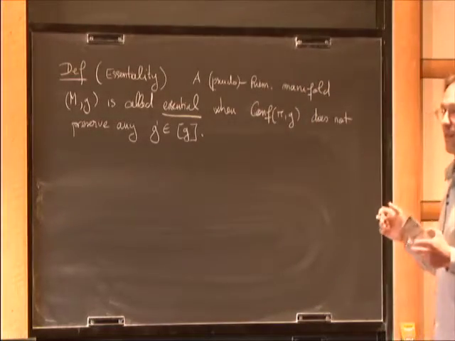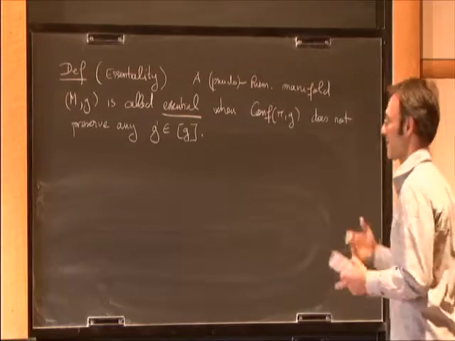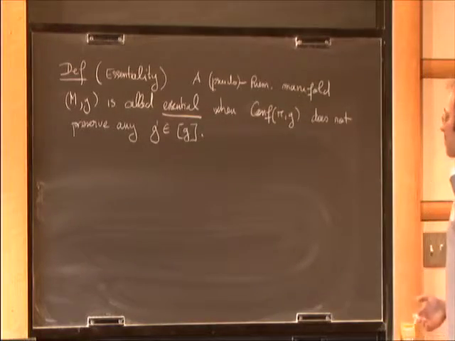So in some sense, you have strictly more transformations than isometric transformations.